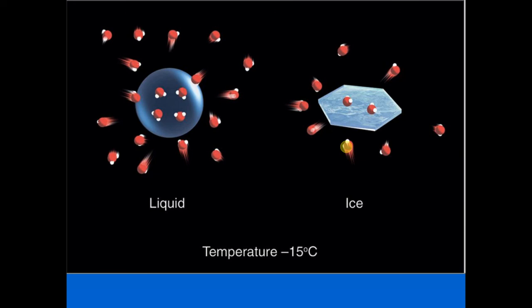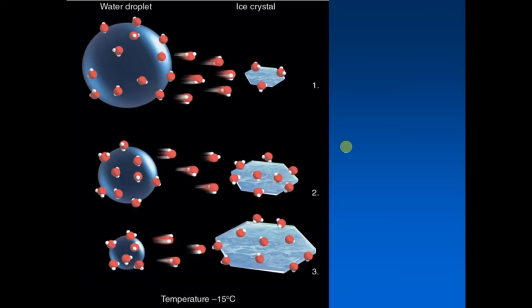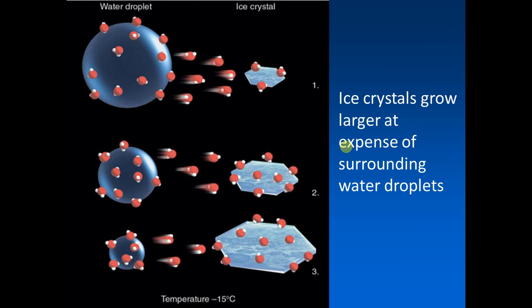Okay. So then what happens is water vapor molecules leave the vicinity of the liquid droplets. So the greater number of water vapor molecules around the liquid droplet causes water molecules to diffuse from the liquid droplet toward the ice crystal. That causes the ice crystal to absorb this water vapor.